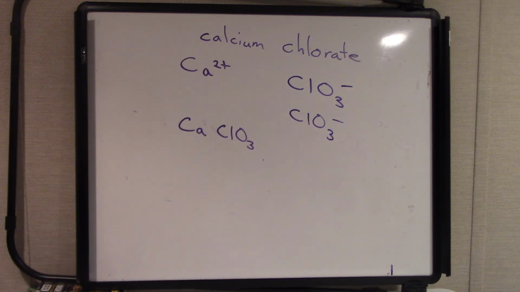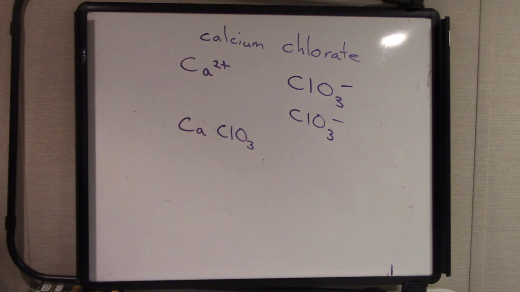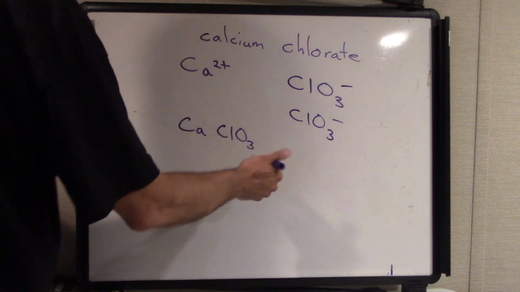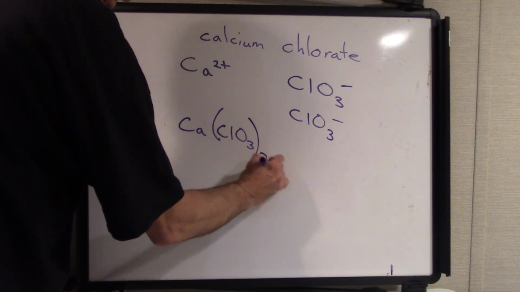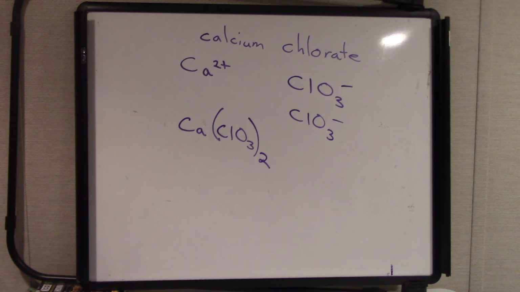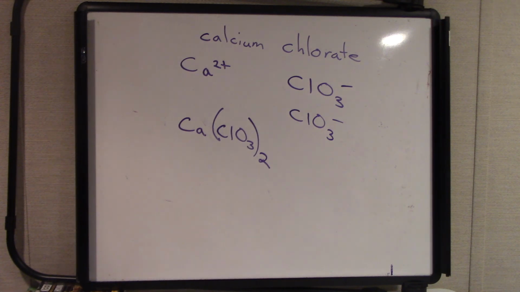So this is where that last rule for naming ionic compounds comes in. If you have more than one of the polyatomic ion, here I have 2, use parentheses and put the subscript outside the parentheses. And here we're using parentheses just like you do in other subjects.